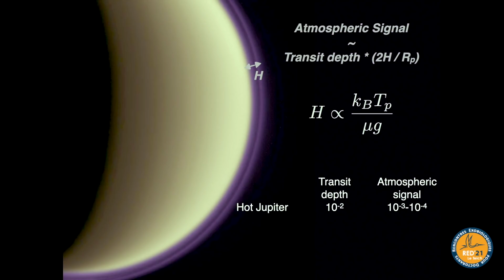And that's why this technique actually allows us to probe atmosphere of planets, even if they are much cooler than what we did for hot Jupiters. Because even if you look at the numbers for hot Jupiter, basically transit depth is about 1%, and the atmospheric signal is going to be about 10 to 100 times smaller than that.